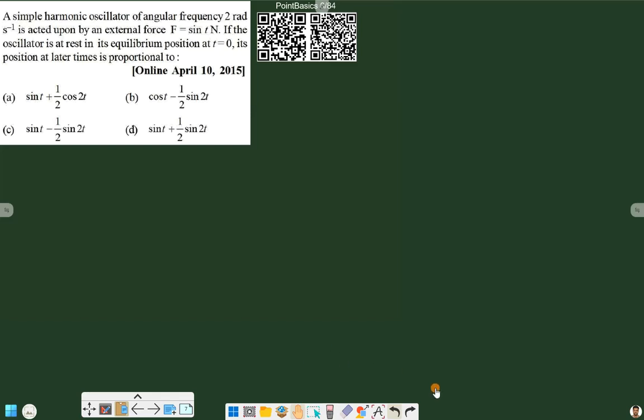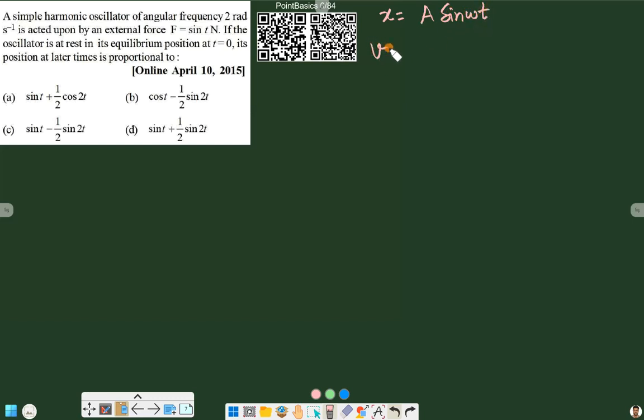Here we have been given some external force. So what we will do is form an equation for the net force, and then from that force we will form acceleration, then we integrate to velocity, and then we integrate to displacement. Let us consider the basic equation for SHM, which is given by x equals amplitude a sin omega t.